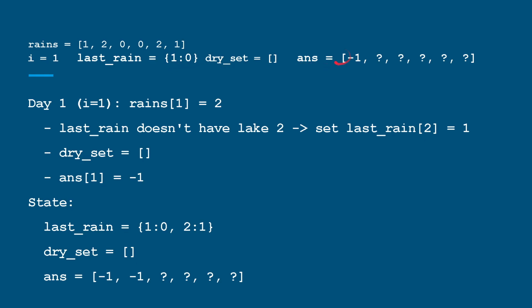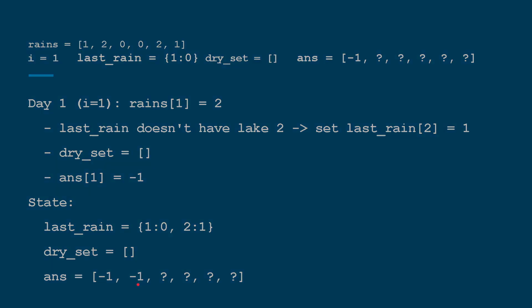Rest of the things, we updated the answer only. So at 1 we have 2, so we'll get the 2. The last rain doesn't have lake 2, so we'll set this value, because the last rain has only one value, which is 1, right? So we'll set the last rain value for lake 2, and we'll update the answer -1.